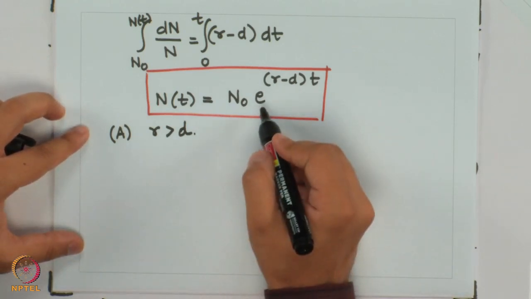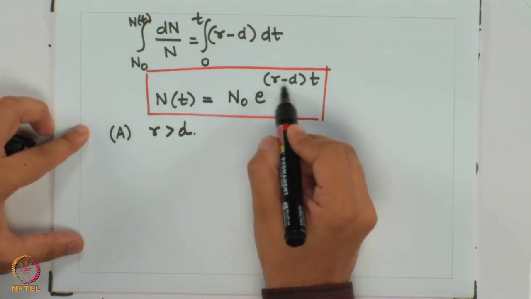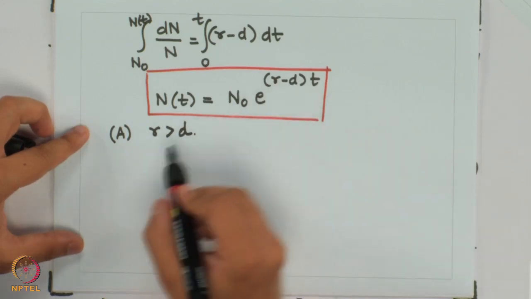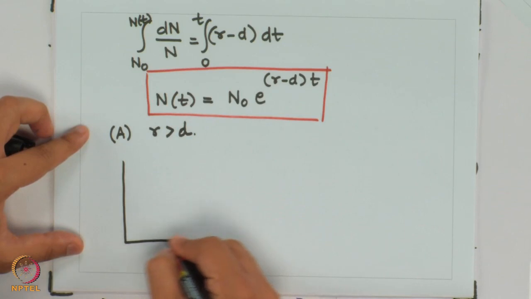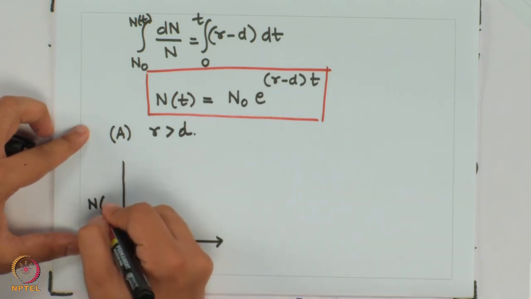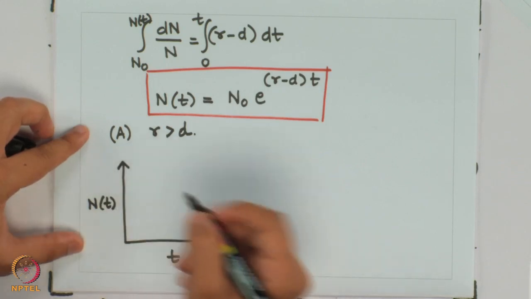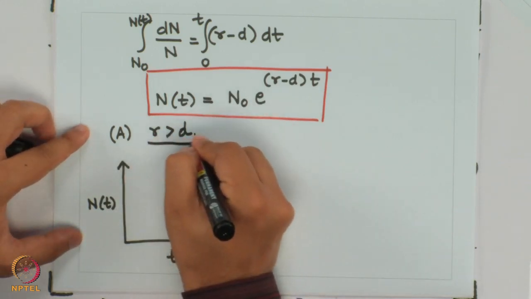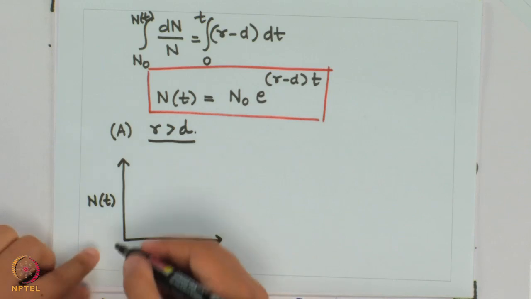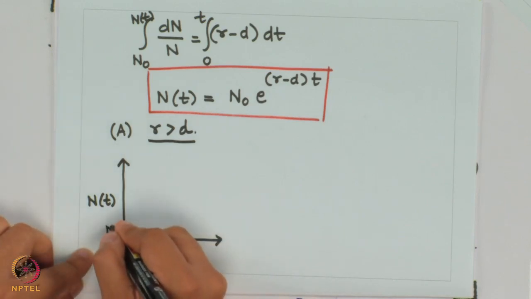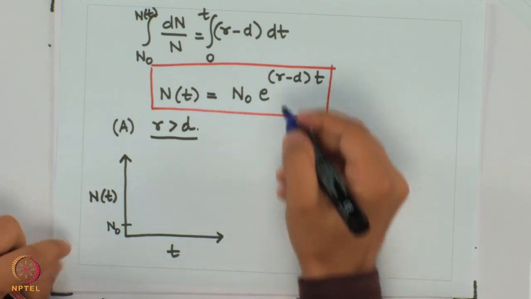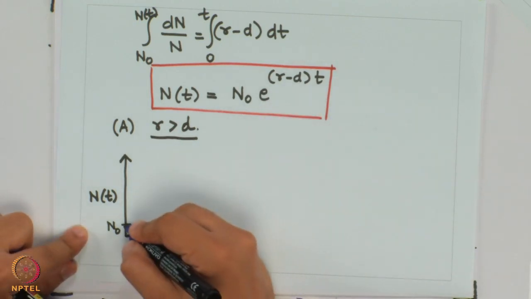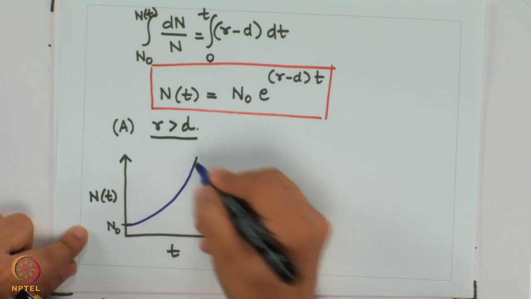If that is the case, the exponent of this equation, r minus d, is a positive number, and hence when we plot the dynamics of the number of bacteria with time, and remember this is a case when r is bigger than d, then if our starting number of bacteria is n naught, r bigger than d means that this exponent is positive and this is just going to exponentially grow.